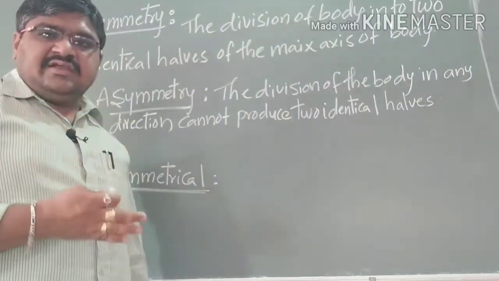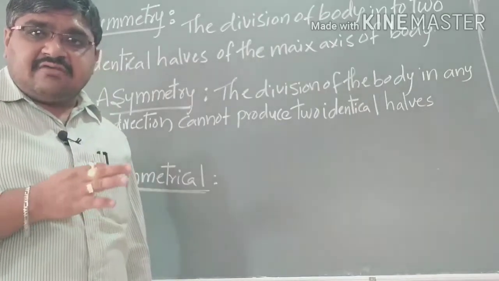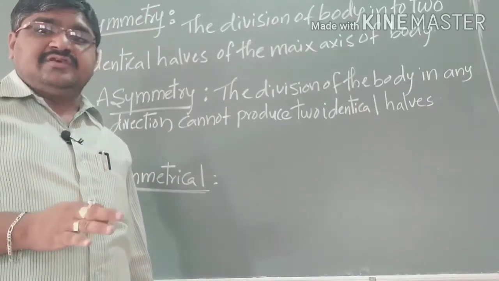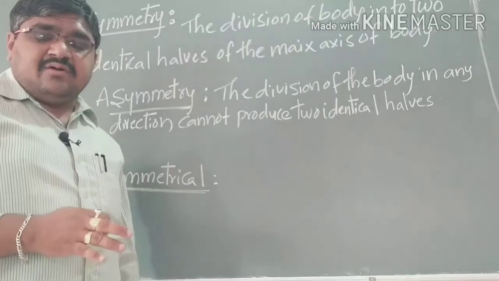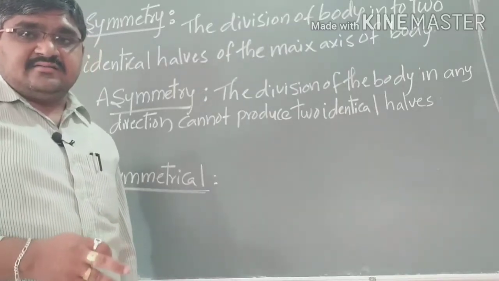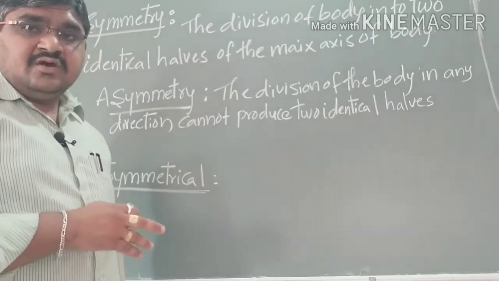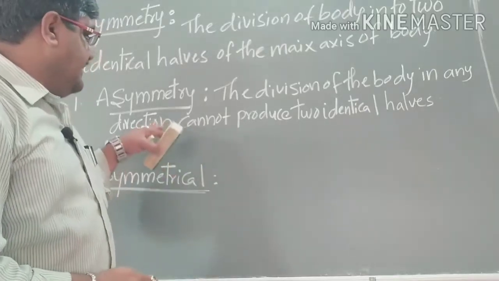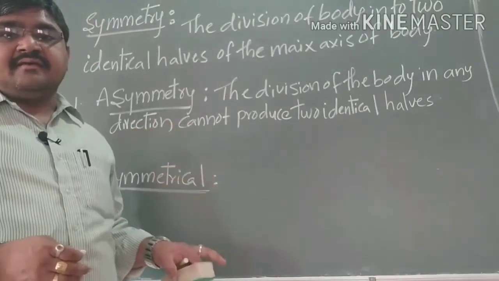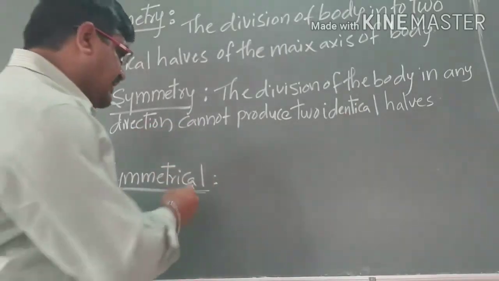That means when you cut in any direction, equal parts cannot be produced, then this type of symmetry we call asymmetry.